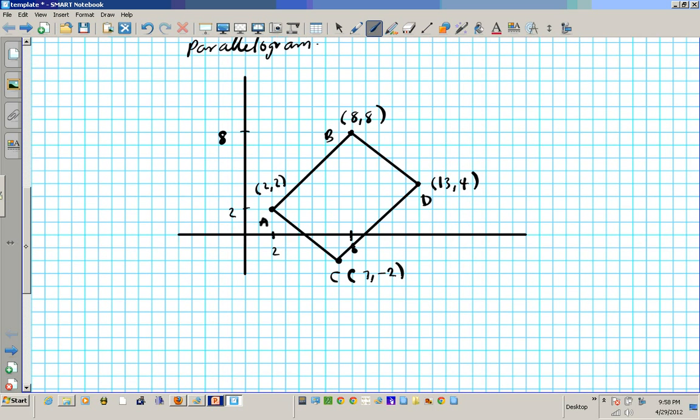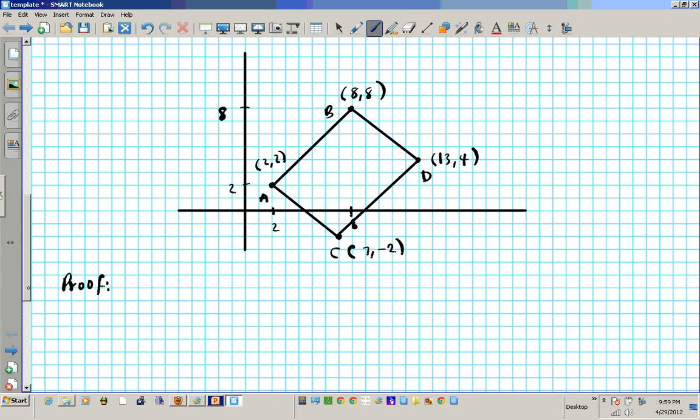So let's do the proof. What do we want to show here? If we can show that one pair of opposite sides are parallel and congruent, that's sufficient. So let's pick AB and DC.